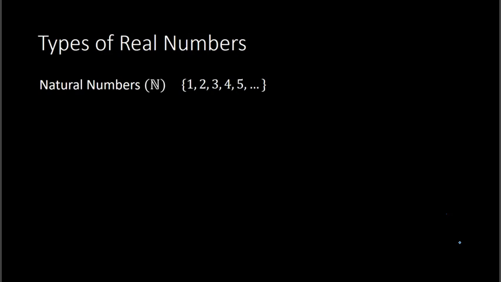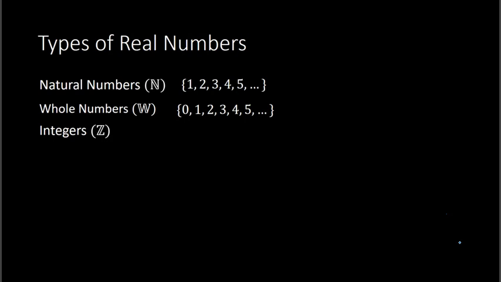Whole numbers start at 0 and then work your way up: 1, 2, 3, 4, etc. And then we have integers, and integers include negative numbers along with the 0 and the positive numbers.